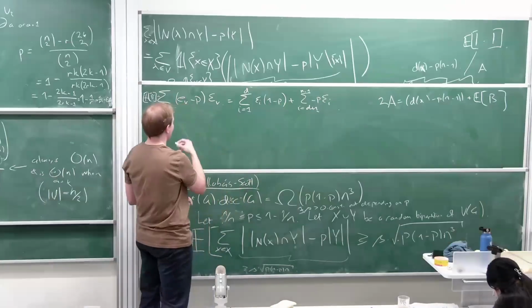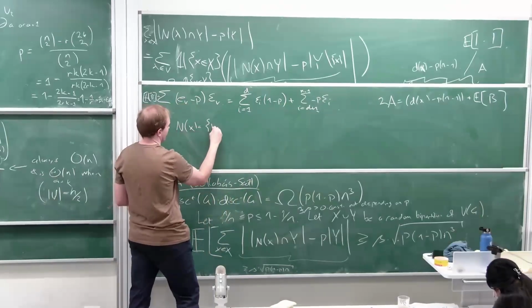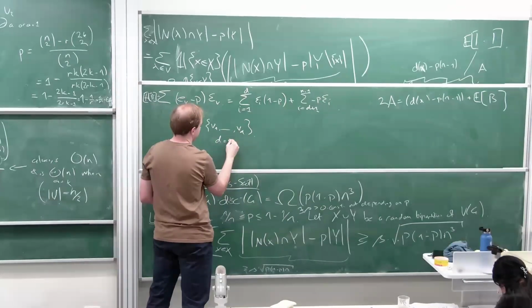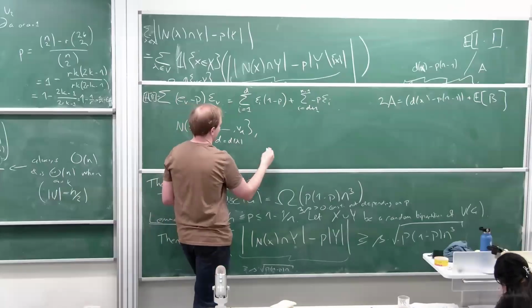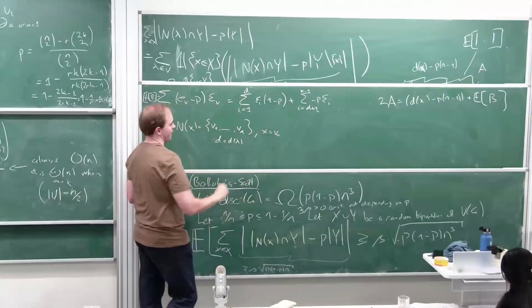So let's label the vertices so that the neighborhood of X is V1 up to VD. Here, D is just D of X. And X itself is Vn. And here are the rest of the vertices.